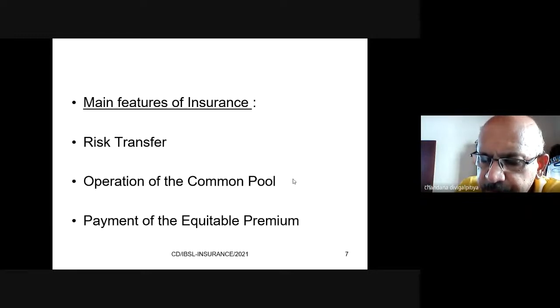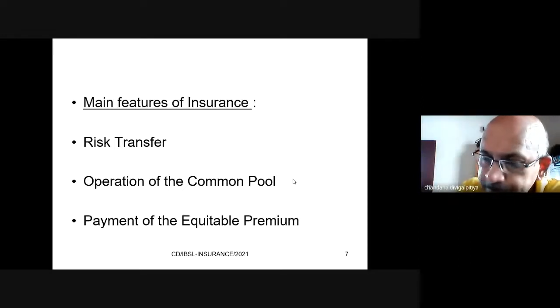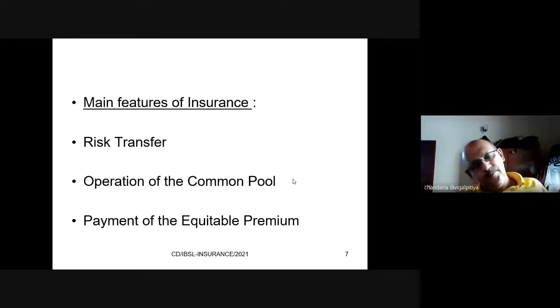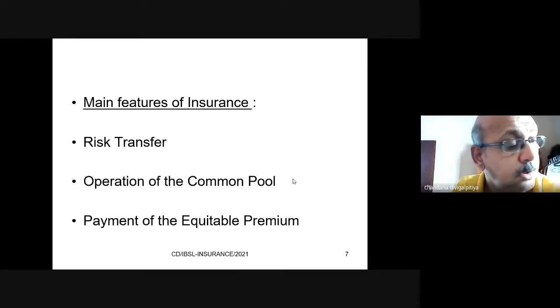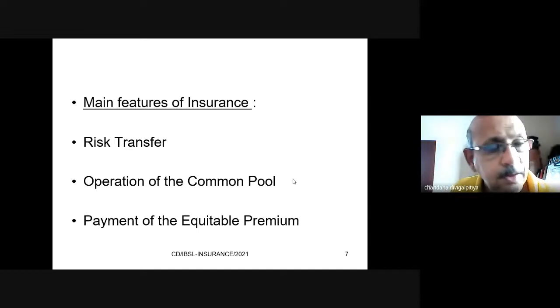Right? Take this down. In any insurance, it is advisable to maintain a common pool which has different features of the main risks.